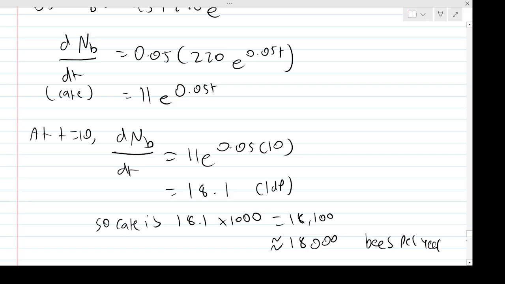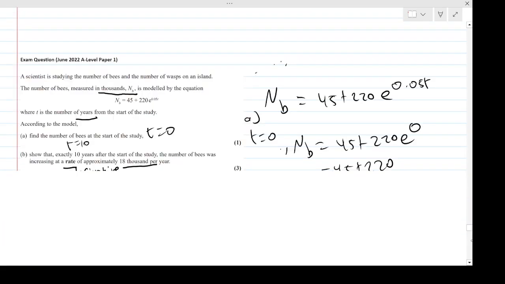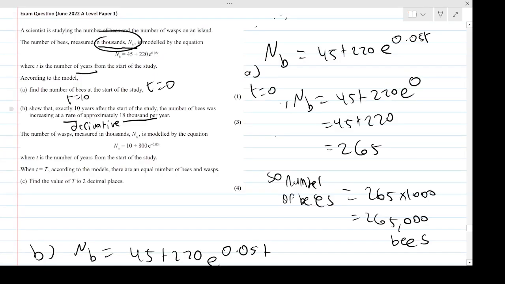Okay, and there we are. So we've shown it's approximately 18,000 there. Again, important to recognise you multiply by 1,000 at the very end, because the number of bees again is in thousands, right, of NB. So we need to account for that at the end.